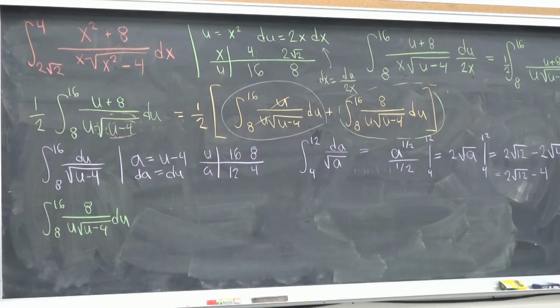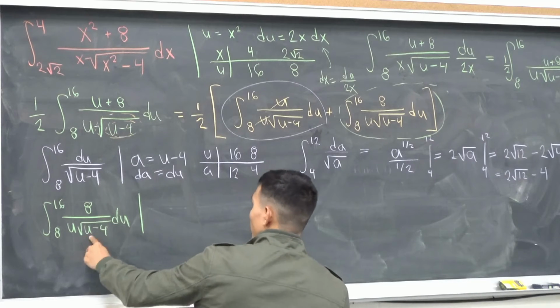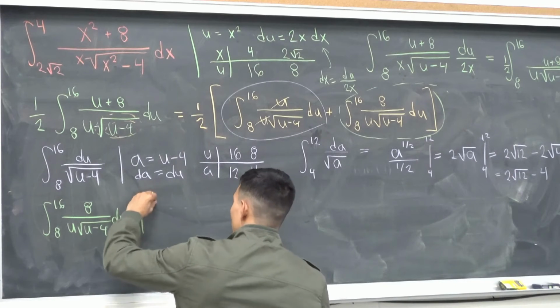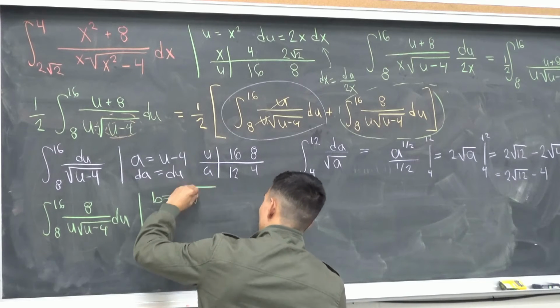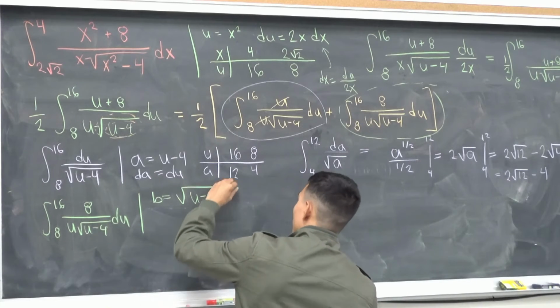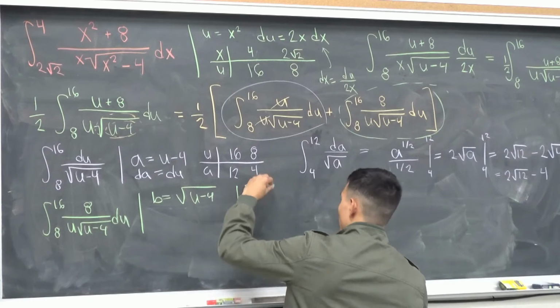Okay, so this one, what do we see here? Okay, now we need to start doing something a little bit fancy, right? So I'm going to call it b, let b equal square root u minus 4, and we could let b squared equal u minus 4.